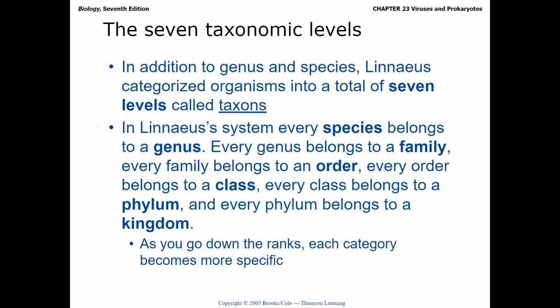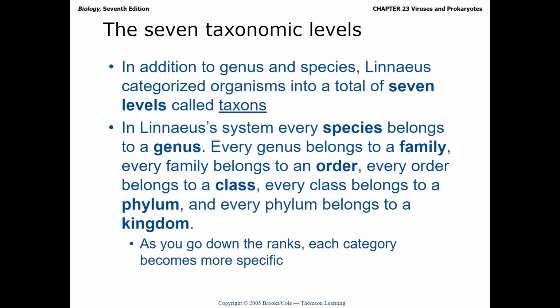Next, let's talk about the 7 taxonomic levels. In addition to genus and species, Carolus Linnaeus categorized organisms in a total of 7 taxons. He categorized organisms into these 7 classification levels, and we call them taxons because of the taxonomy system he was utilizing. In Linnaeus' system, every species belongs to a genus.